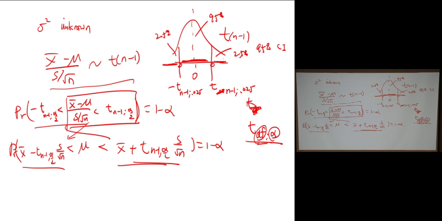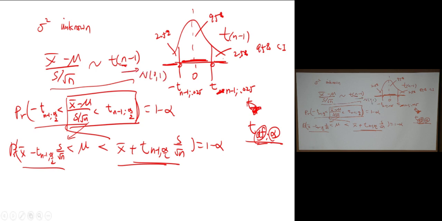But what happens if your sample size is very big? When n is very big, this approaches a standard normal distribution.